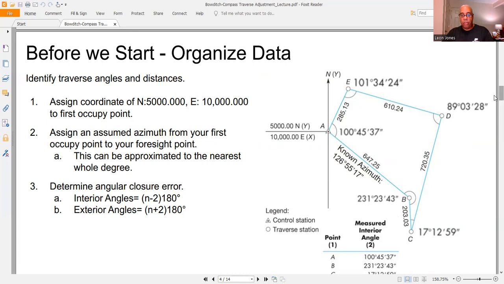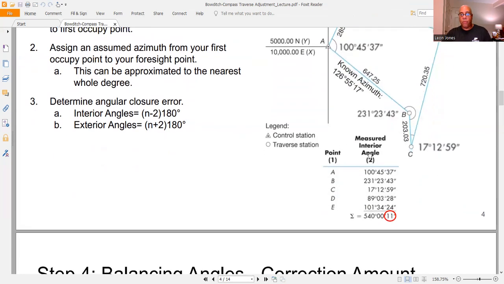Now, what's going to happen? You're going to add all of your interior angles that are measured. Remember, these are your angles that are measured when you go out there with the instrument and you turn the angles. Now, when you have a 5-sided polygon, if you use for internal angles this formula right here, n minus 2 times 180, you're supposed to end up with 540 degrees.